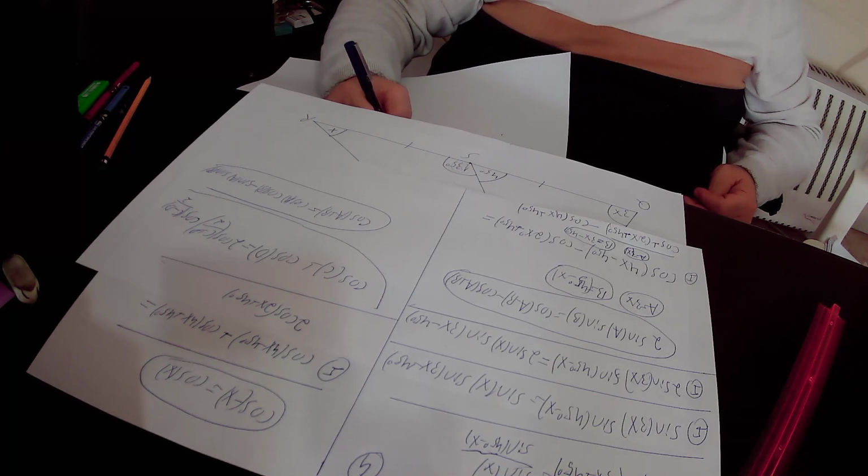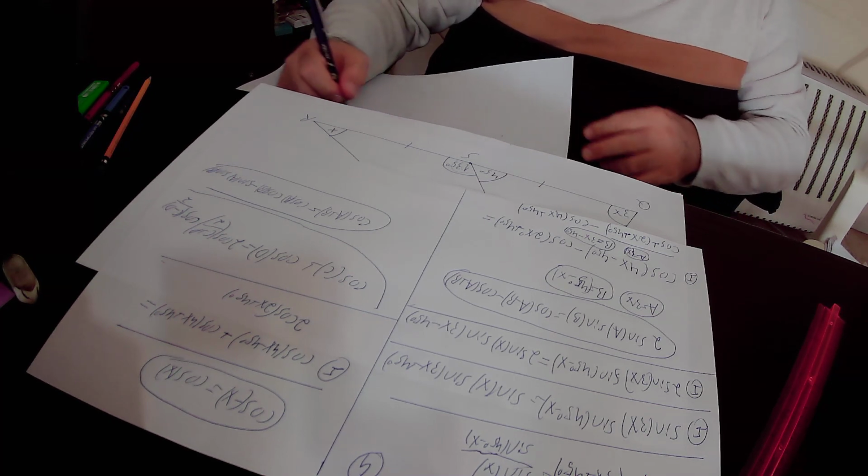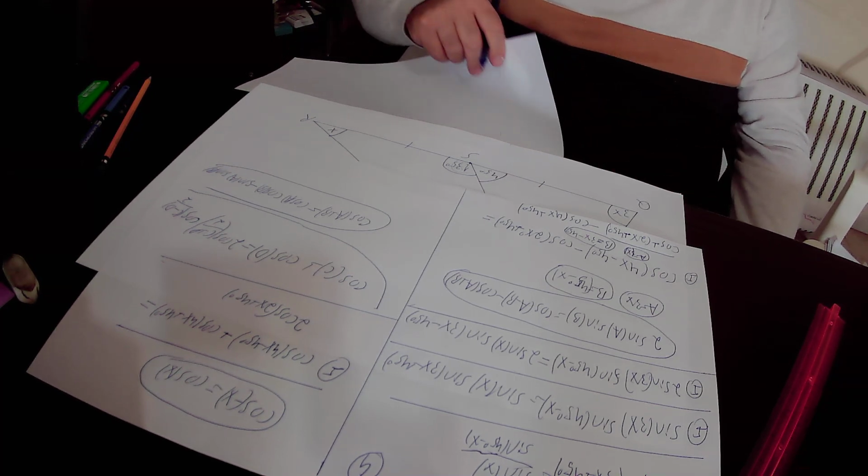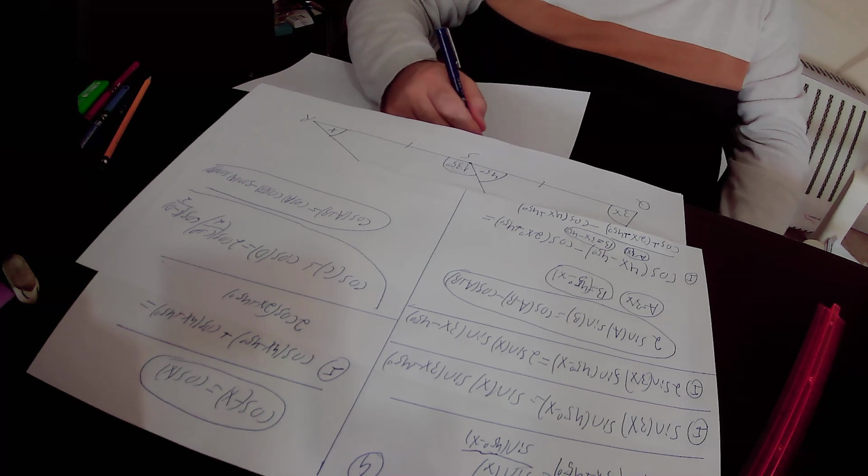So cosine C plus cosine D equals 2 cosine C plus D over 2.